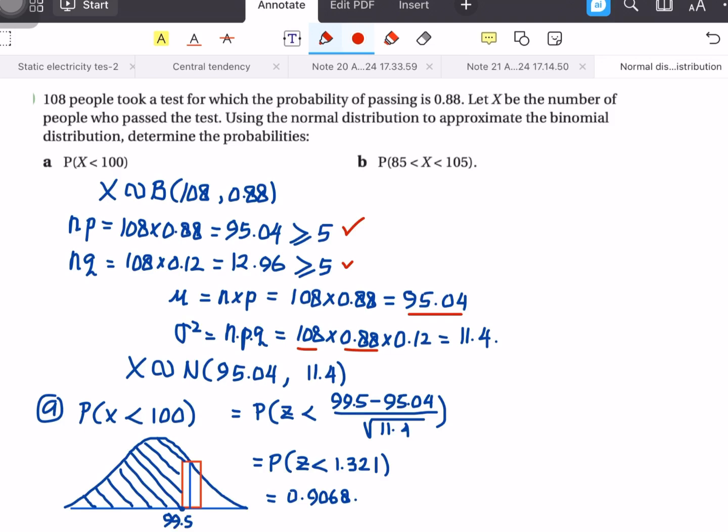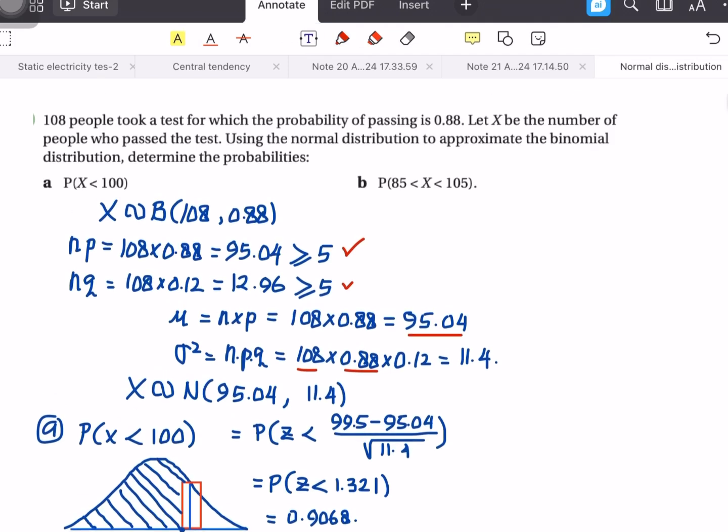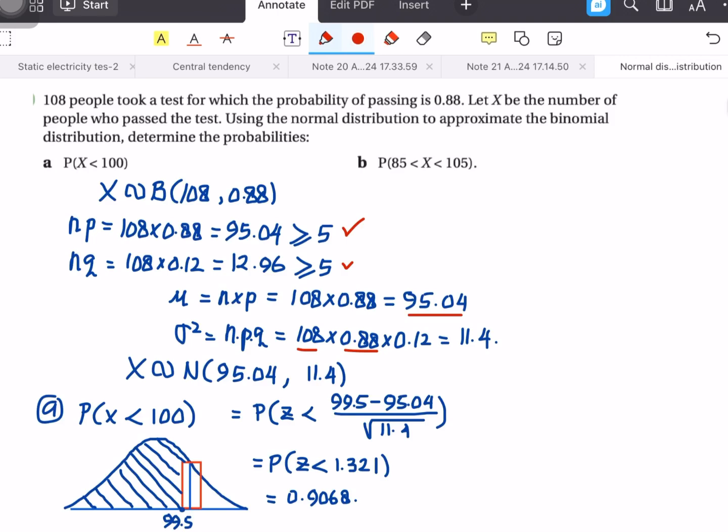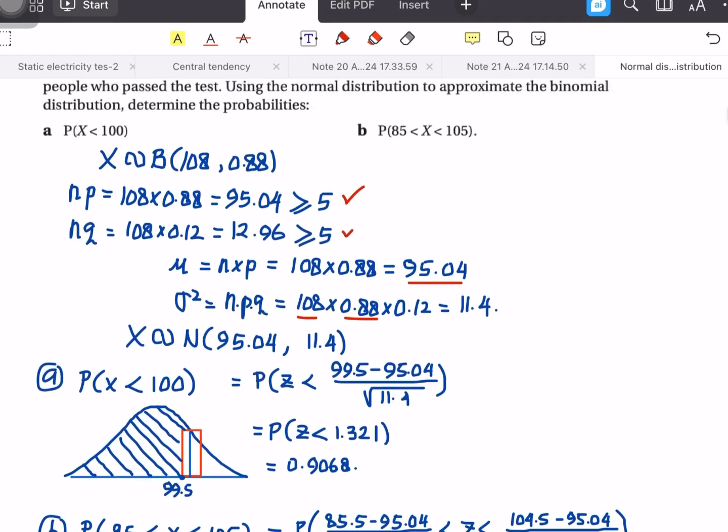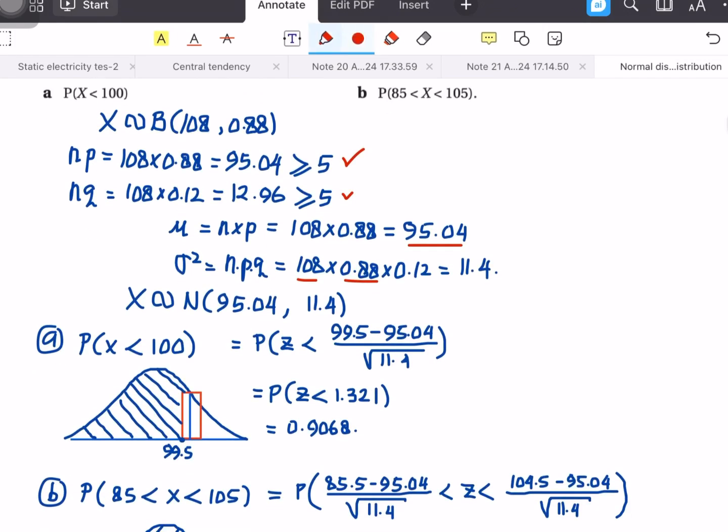For part A, we are asked to find the probability that X is less than 100. So first, 100 is not included. So when we draw the diagram, this rectangle is for X equals 100, but since in this inequality 100 is not included, we shade this part of the diagram only.